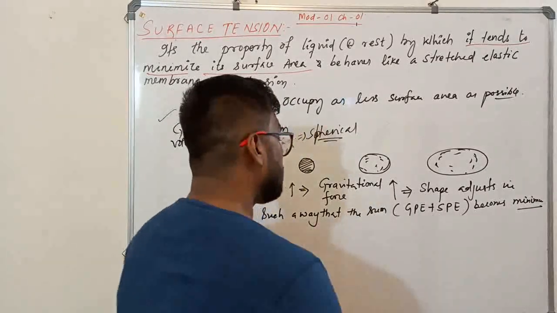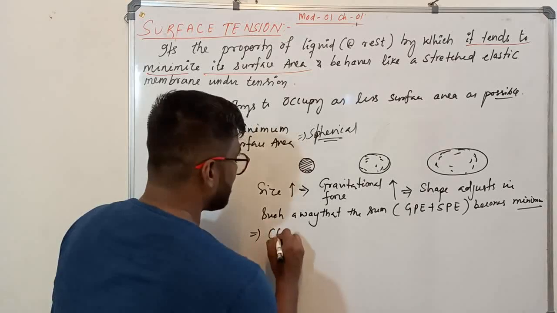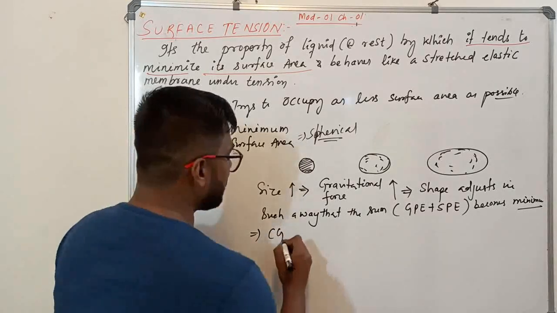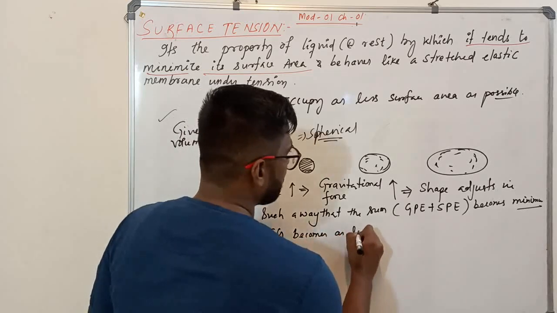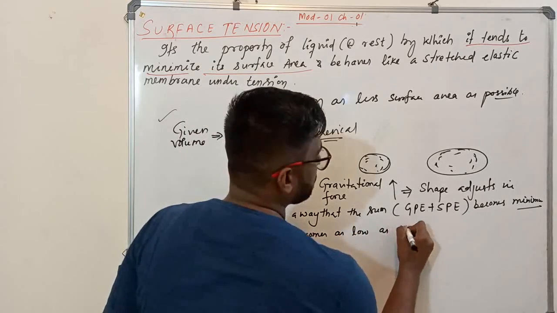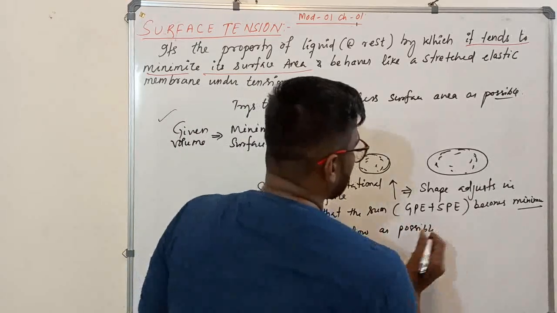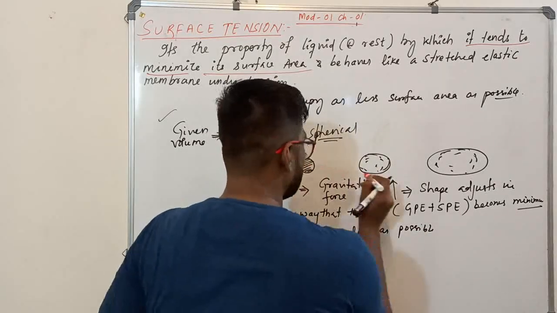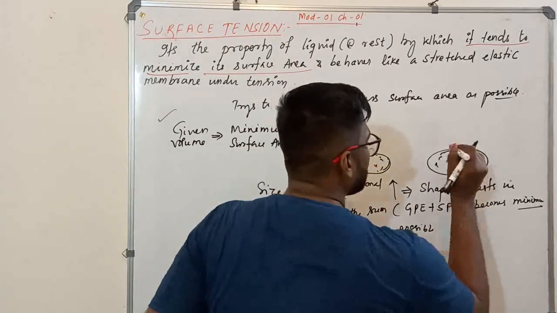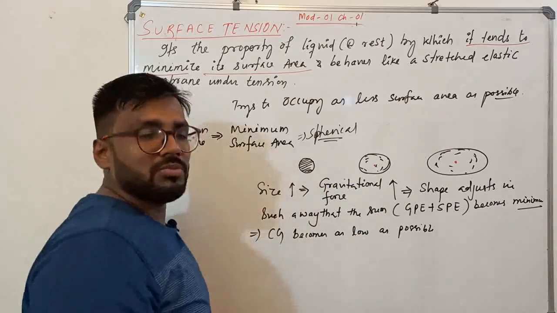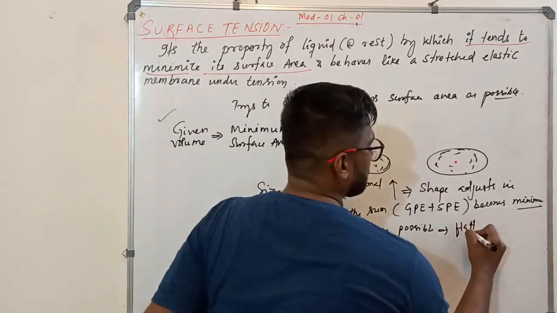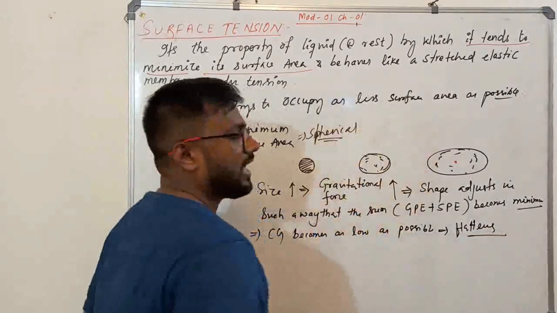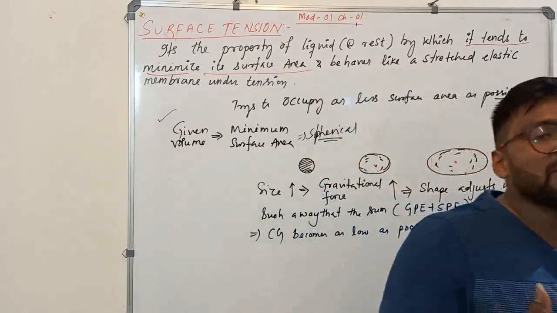So what happens? Your center of gravity becomes as low as possible. तो आपका center of gravity क्या होता है? नीचे आ जाता है. Center of gravity tries to be as low as possible. Hence, as the size increases, your liquid drop becomes flattened.